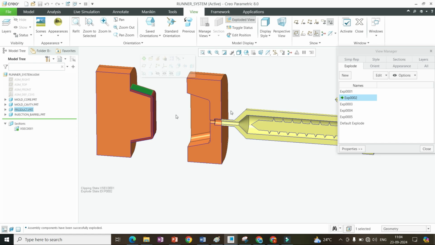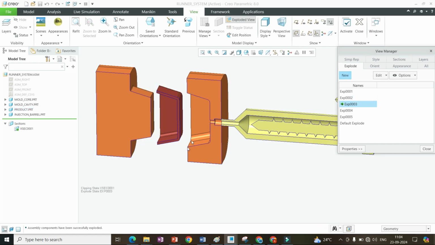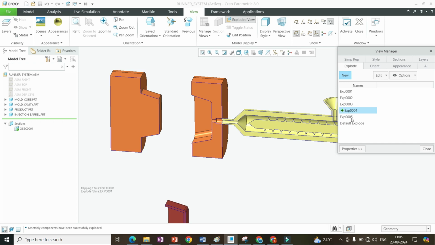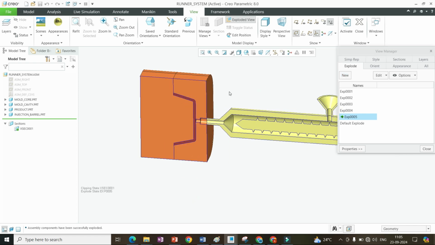After solidification the ejector pin comes out from the mold and pushes the part from the core side mold, and once the ejector pin pushes, the part will drop from here and the part is manufactured. This process continues with the same steps: injection, filling of the mold, solidification, and removal of the part.